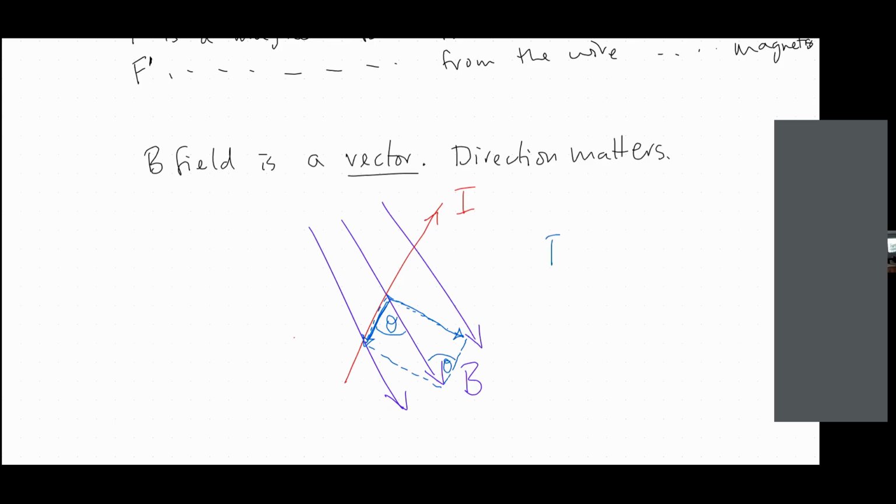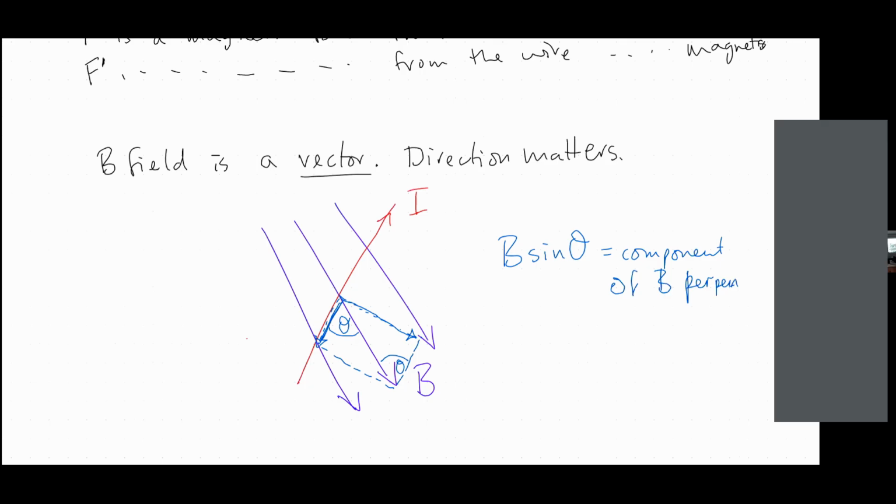B sine theta is going to be the component of B perpendicular to I, okay? And so if B was, I don't know, let's go for 50 millitesla, and I is, I don't know, 2 amps, what would be the size of the force?